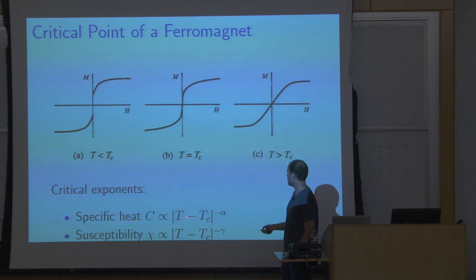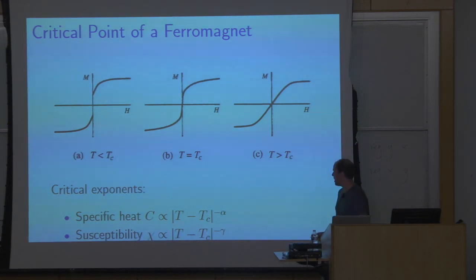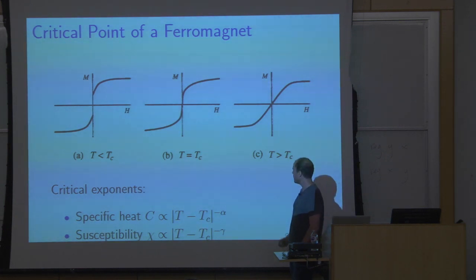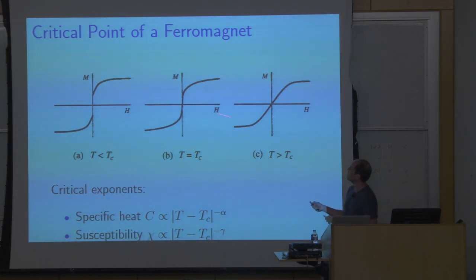The specific heat is proportional to the temperature minus the critical temperature to the minus alpha, for some alpha that I'll show in a moment. And you can also measure the susceptibility, which is the response of the magnetization to the magnetic field. And this also has some funny power law with some funny exponent. So these exponents and power laws are characteristic of this kind of transition between these two behaviors.